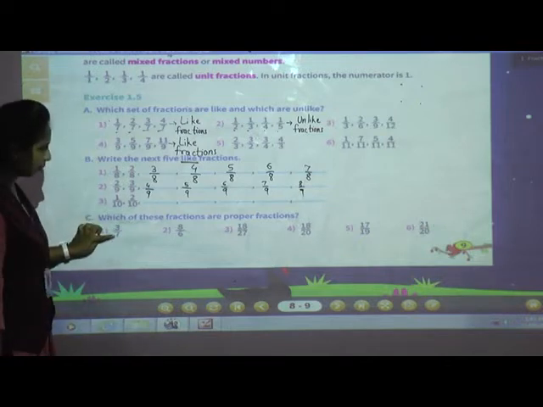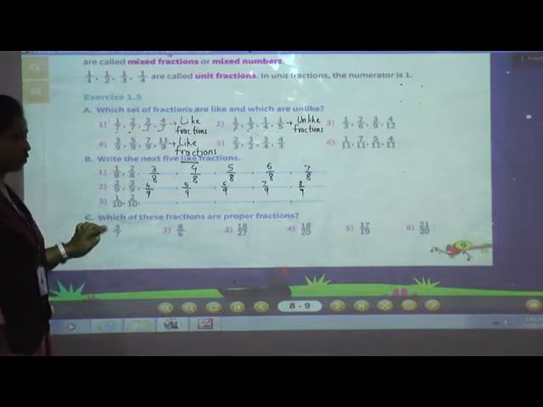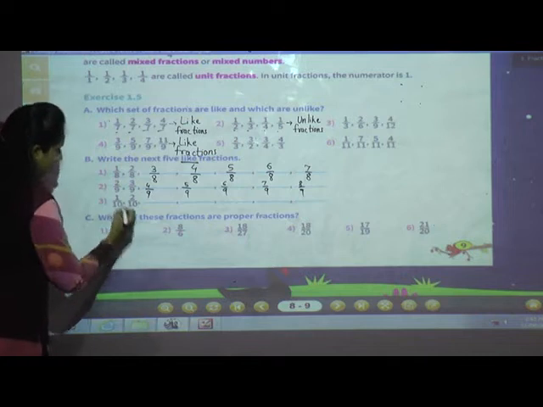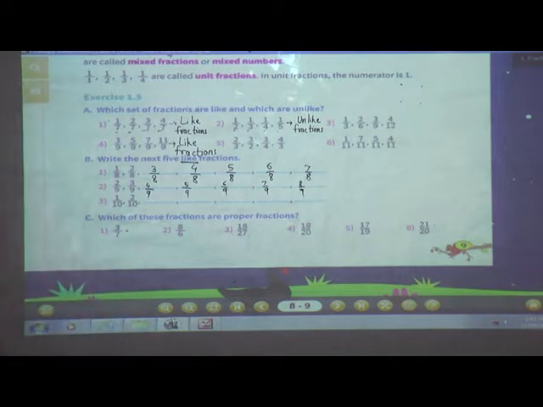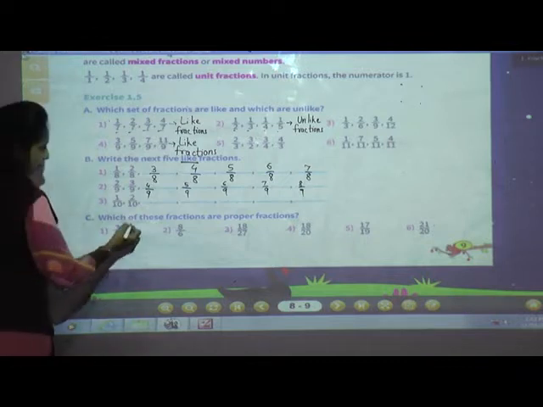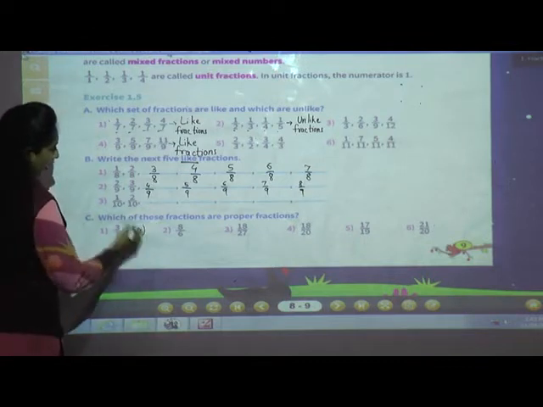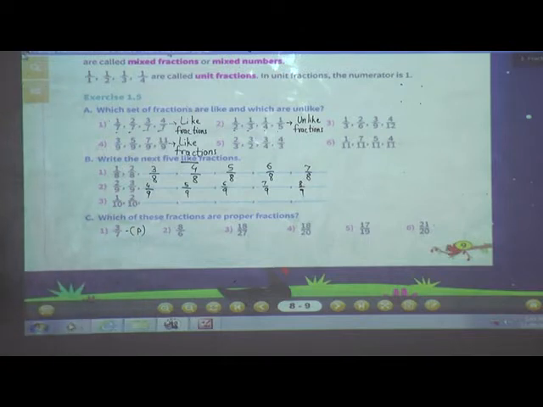So see, 3/7. Is it a proper fraction? Yes. How will you write it? Write proper, or in brackets T. Okay.